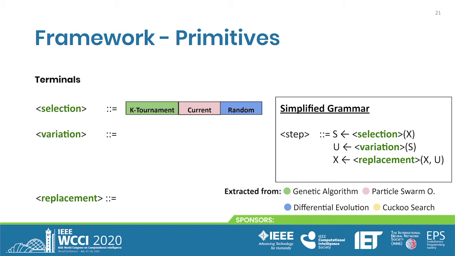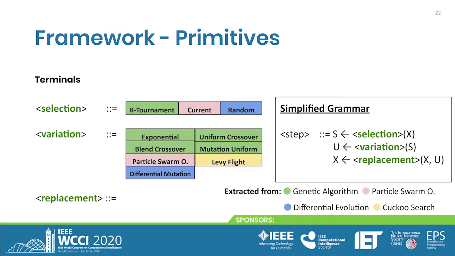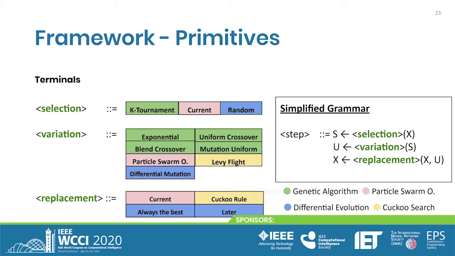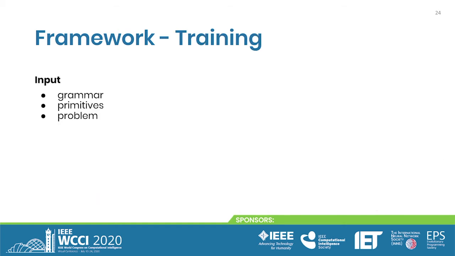We have many ways to do selection, for example, tournament from genetic algorithm. Likewise, for variation, there are crossovers and mutations, also from GA, and some other operators like Levy flight from cuckoo search. And finally, some examples of replacement, the rule that decides which candidate solutions will be part of the new population.